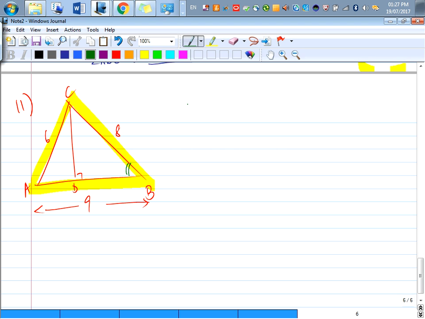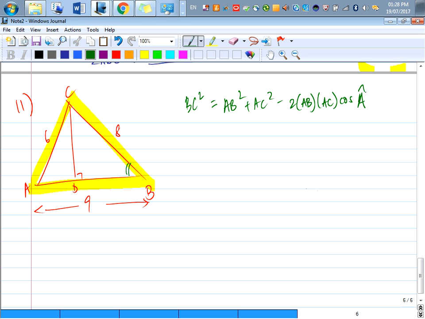BC square equals to, okay, like that. Okay, class, look up at the screen.